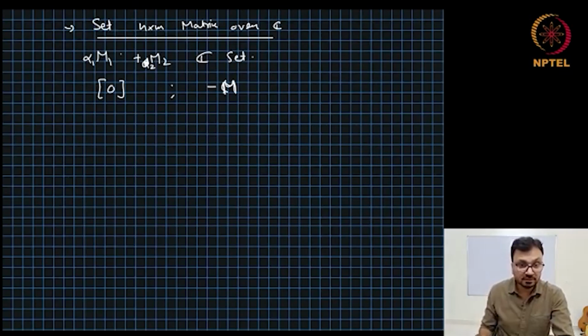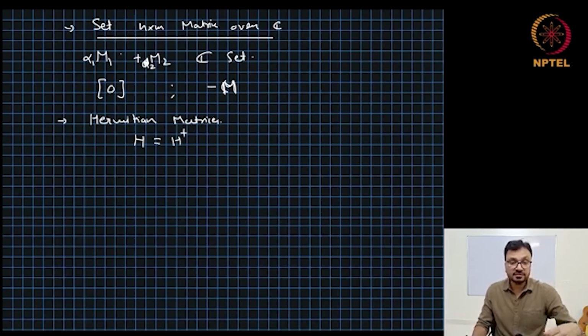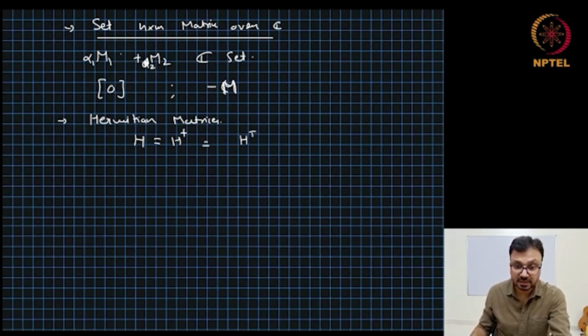One very interesting subset of this, of particular interest to us, is the Hermitian matrices. A Hermitian matrix H is defined as a matrix which is equal to its own Hermitian conjugate, where the Hermitian conjugate is defined as transpose and conjugate.